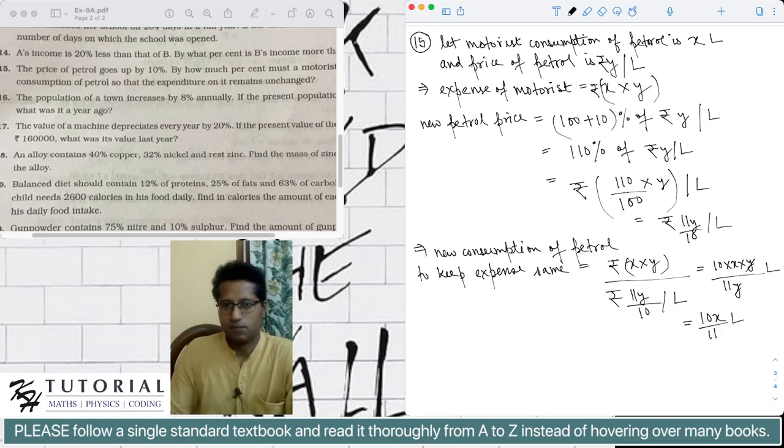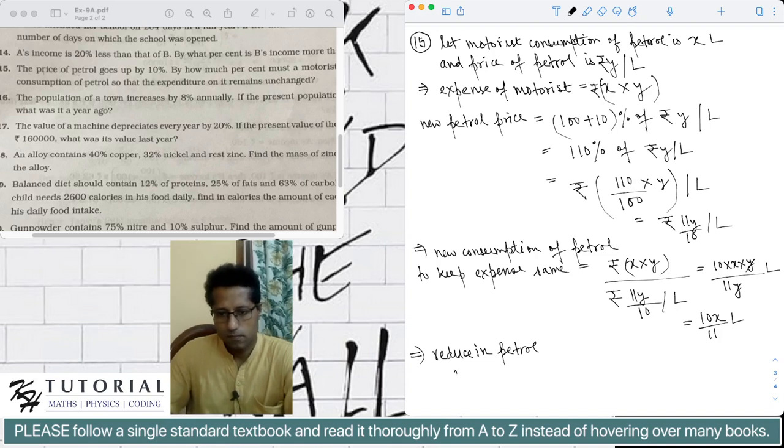Okay, and the previous consumption of petrol was x liter. So this implies reduce in petrol consumption. Earlier it was x liter, and now the new consumption is 10x by 11 liter. Definitely 10x by 11 liter is less than x liter.